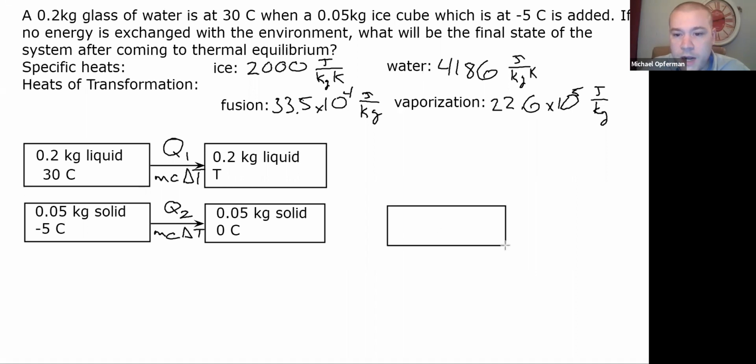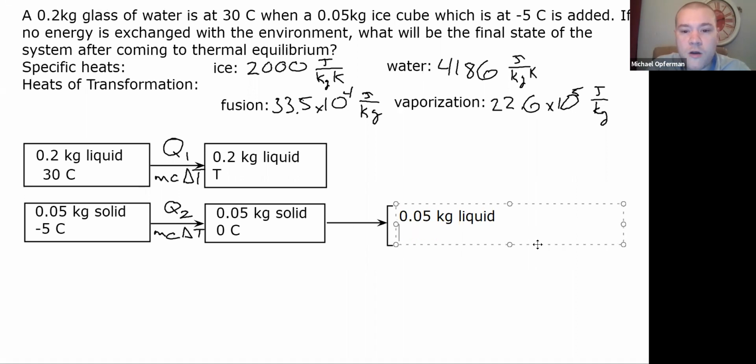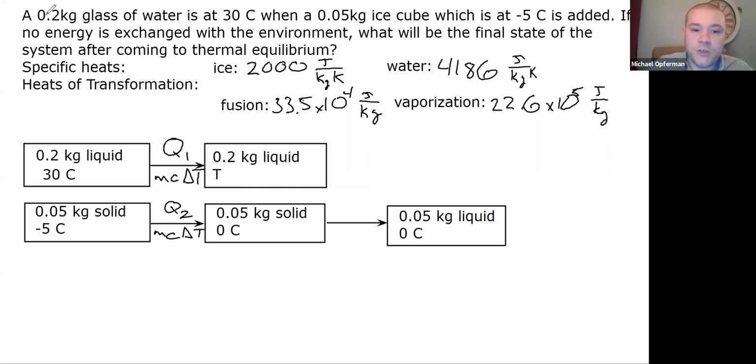Then the next thing that's going to happen is we are going to go to a state where the ice now melts. So we have 0.05 kg of liquid water now. And again, don't forget, you can't change the temperature in that step because this one is a phase change only. So that'll be Q3, which is an ML transformation heat.